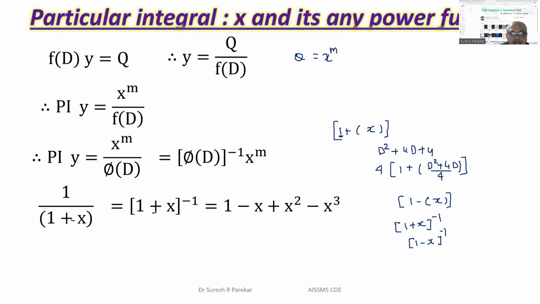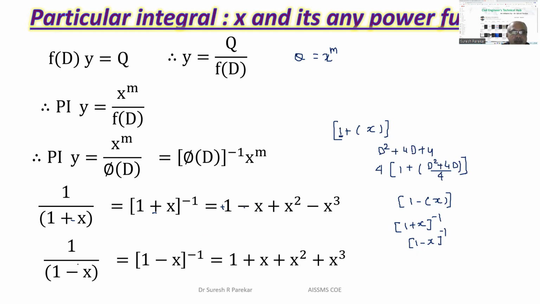If we have plus here, we get alternate terms: first plus, second minus, third plus, fourth minus, likewise. And if we have minus here, minus to the power minus gives plus, so we have all plus terms. Likewise, we have to solve these problems related to x to the power m.